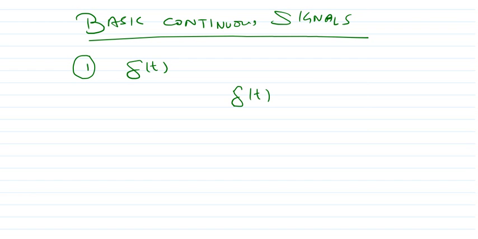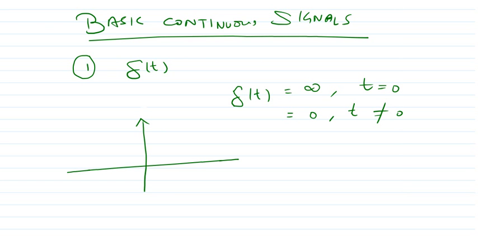delta(t) is equal to infinity for t equals 0 and it is 0 for t not equal to 0. So basically for t equals 0, the amplitude tends to infinity.